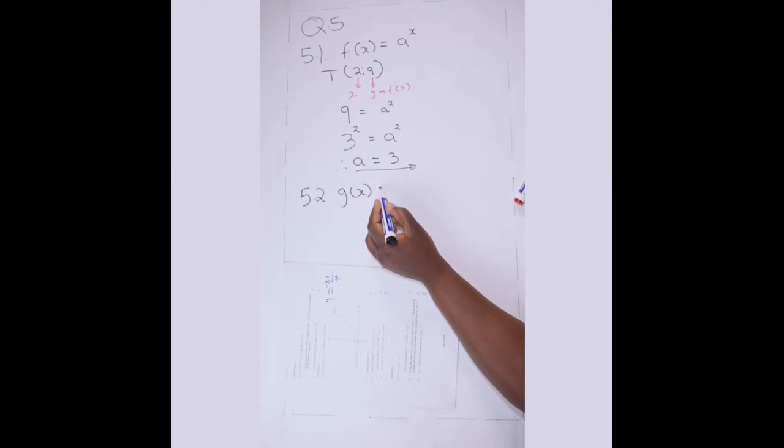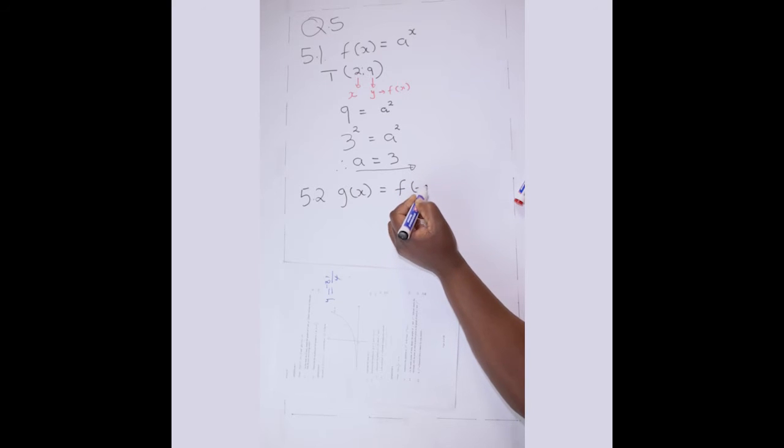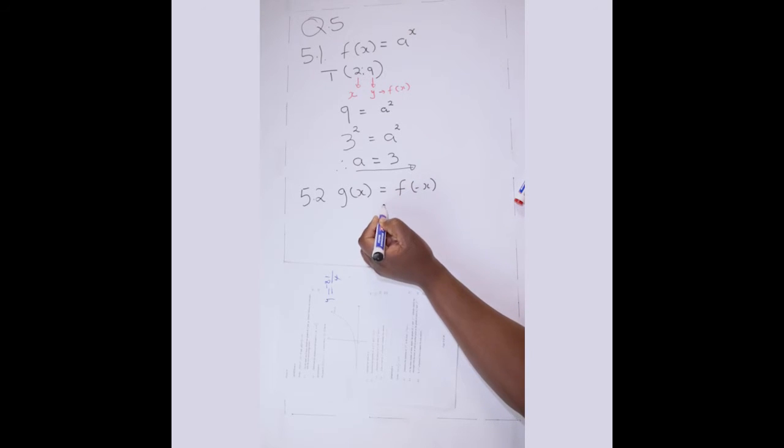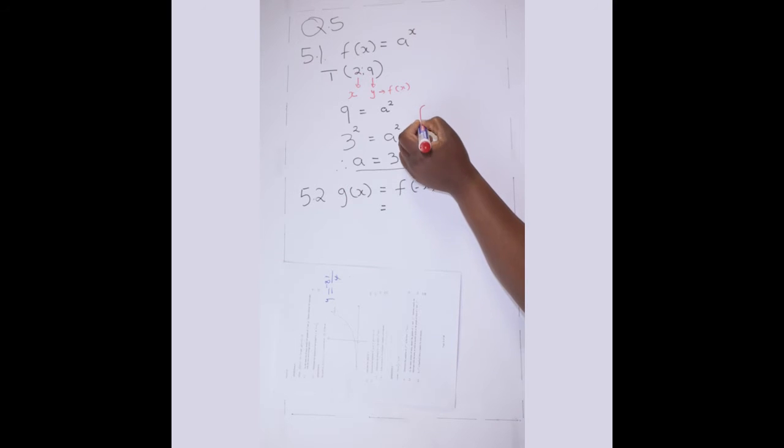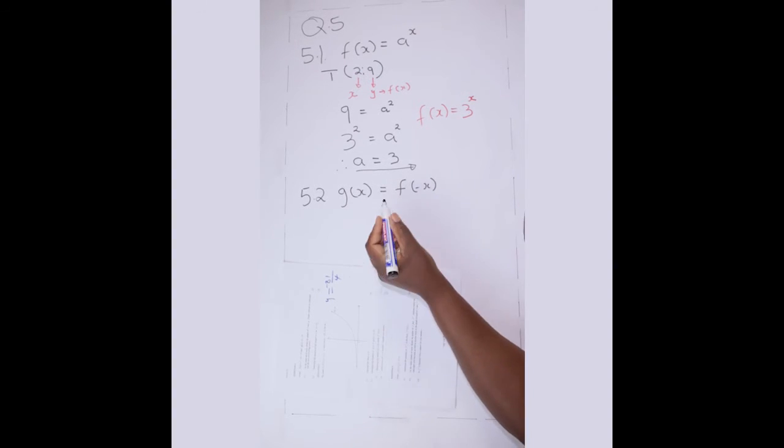g(x) is equal to, remember they said it's f(-x). What does it mean? It means wherever we see x in the equation of f(x), which is given as f(x) = 3^x, we put a negative x.